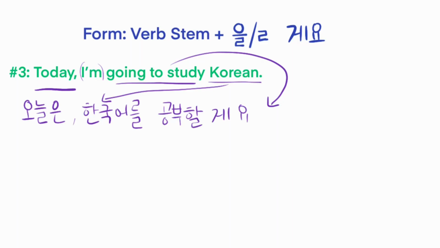And in this case, what you're about to say is a reaction to that comment. What you're going to say is, oh my god, okay, I will study today. So instead of saying 오늘은 한국어를 공부할 거예요, you want to show, okay, because you said this, I'm going to do this now as a reaction. So instead, you'll say 오늘은 한국어를 공부할게요.